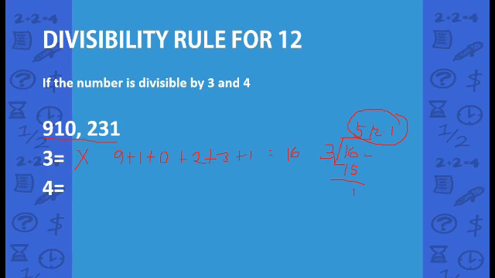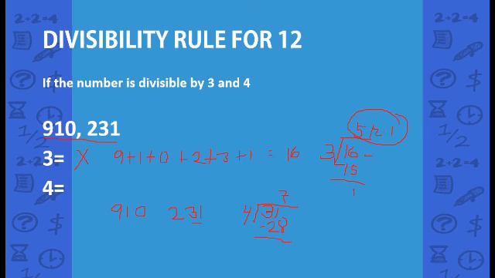Now, let's see kung ito naman ay divisible by 4. So, 910,231. Let us look at the last two digits. So, tingnan natin kung ang 31 ay divisible by 4. 31 divided by 4, 7. 7 times 4 is 28.